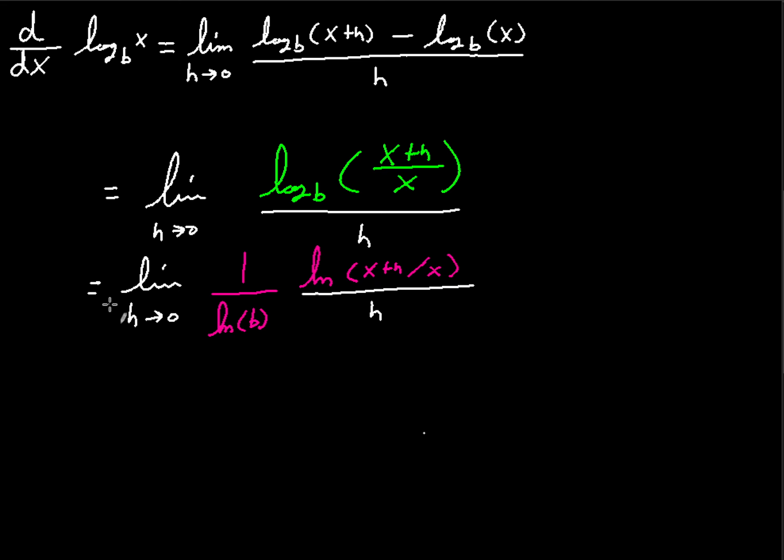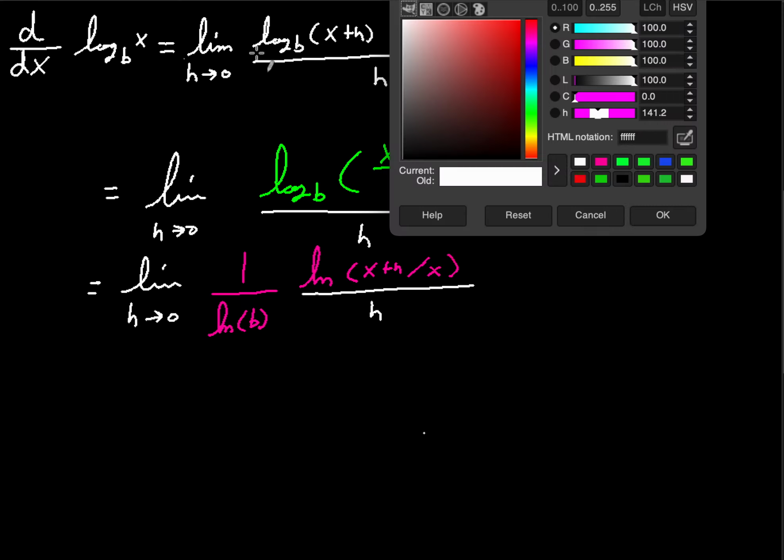Now that's using the change of base formula. So I have this log base b, whatever base we're in, that's where it's at. That's where it's going to stay. Now that doesn't seem to have bought me anything. It doesn't seem like that's all that helpful.